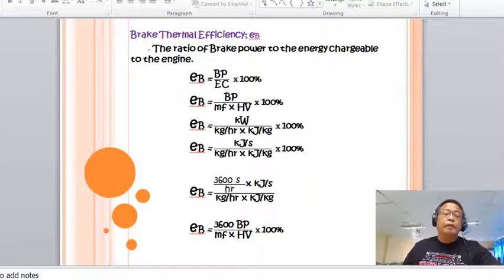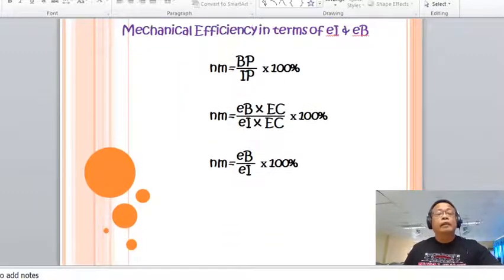The derived equation for the brake thermal efficiency is 3,600 multiplied by the brake power over energy chargeable, or MF, multiplied by the heating value, multiplied by 100%.